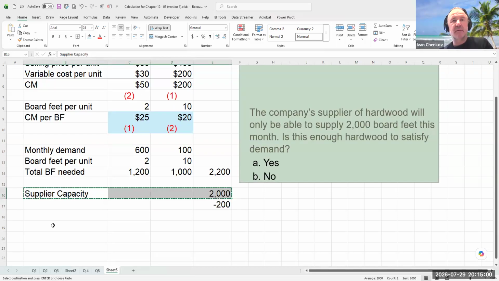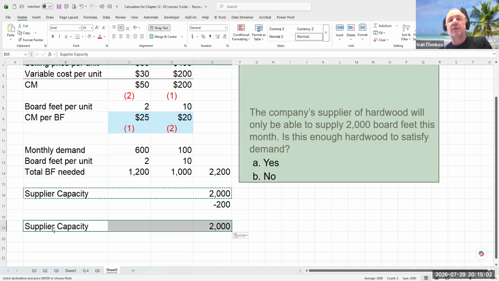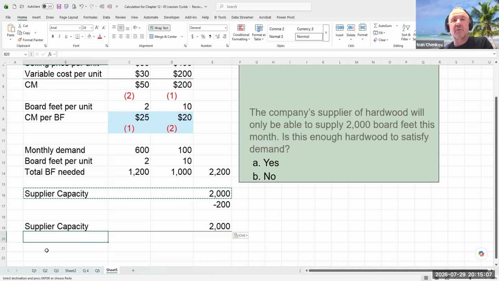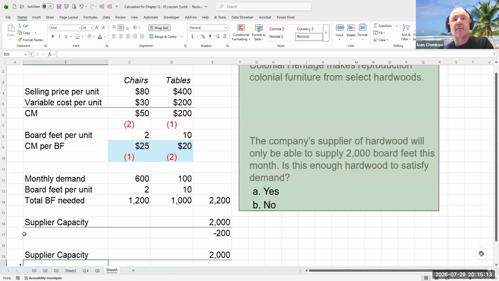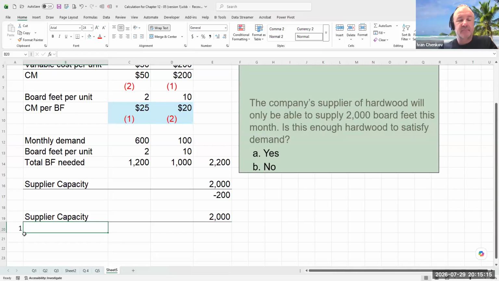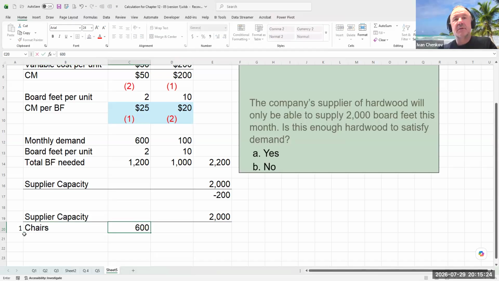Supply capacity is 2,000 board feet. What am I going to do with the 2,000 board feet? First, I'm going to produce the entire demand for the chairs, which is 600 chairs. If I do 600 chairs, I'm going to use 1,200 board feet.